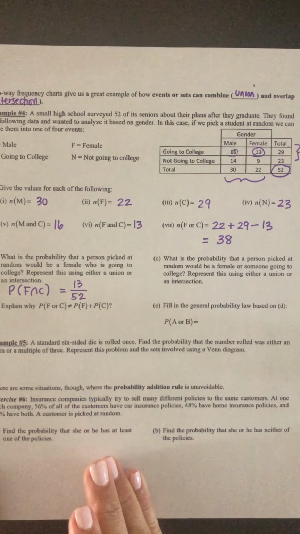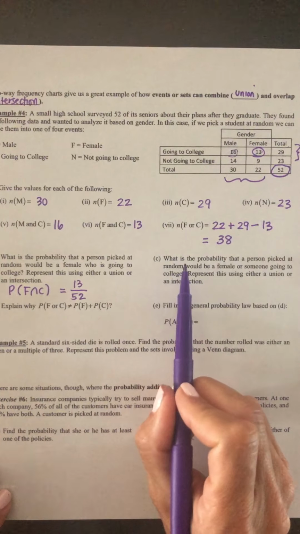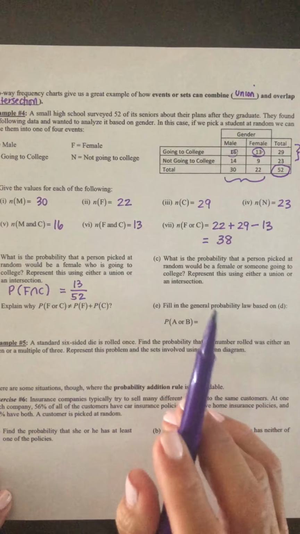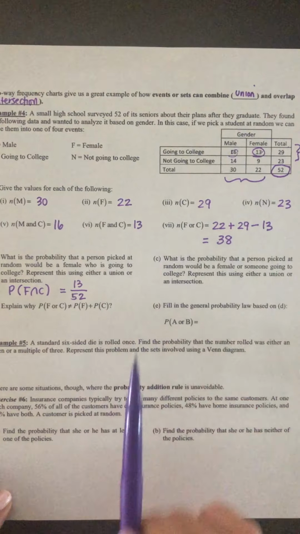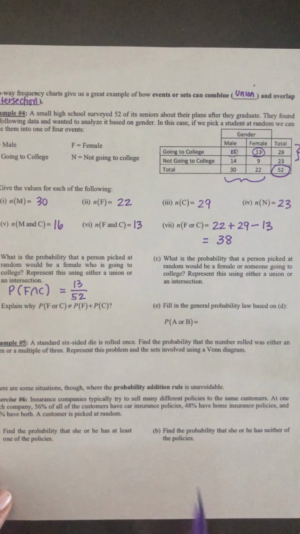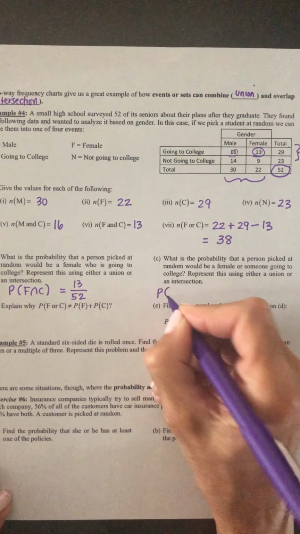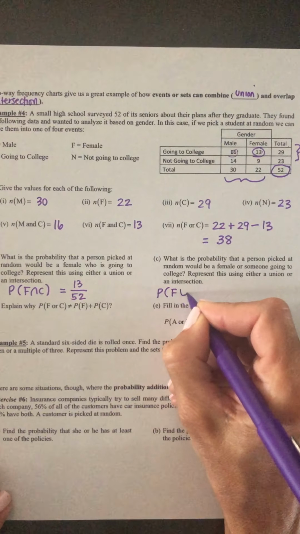The next thing we're going to do is, what is the probability in letter C that a person picked at random would be a female or going to college? This is where this Roman numeral 7 comes into play. It's the part out of the whole. Now it's the probability of female or college.